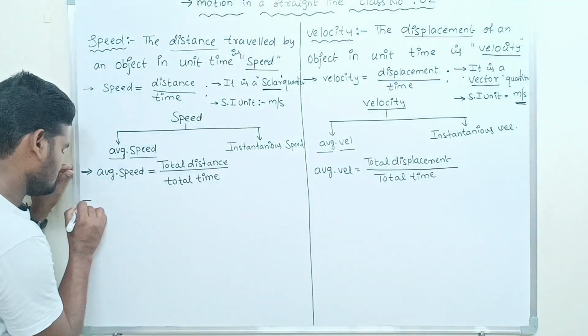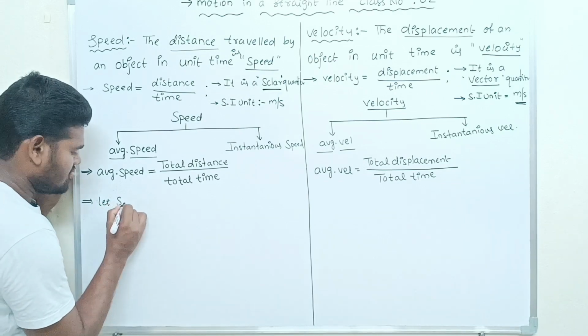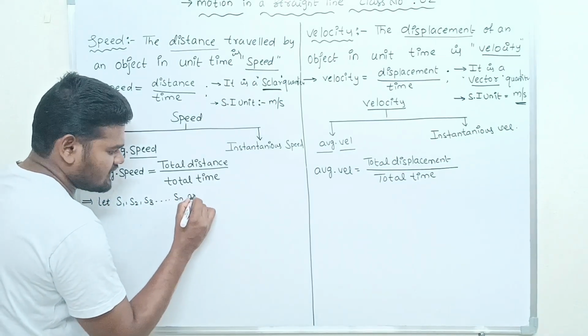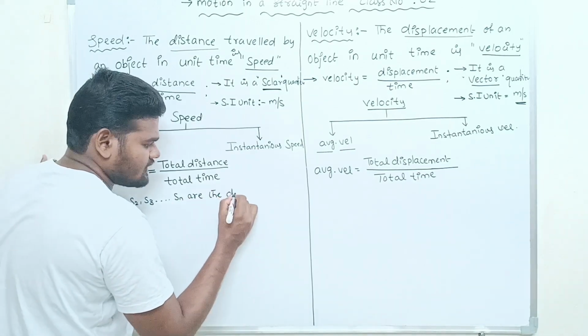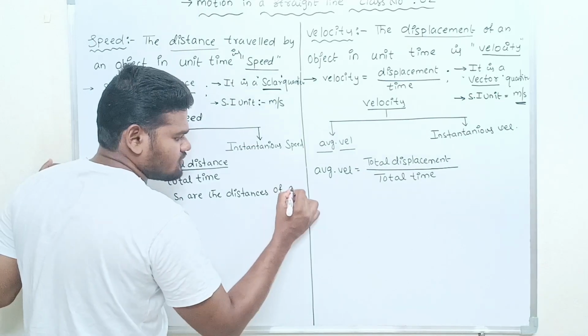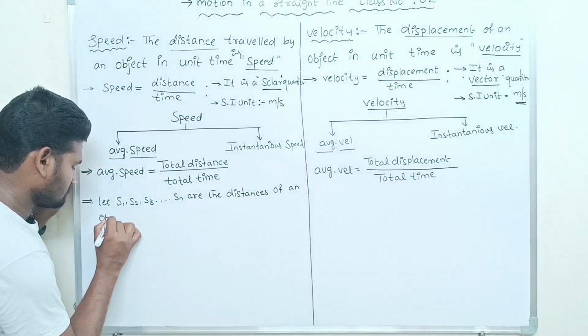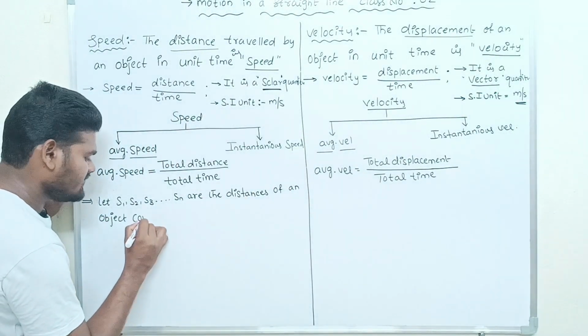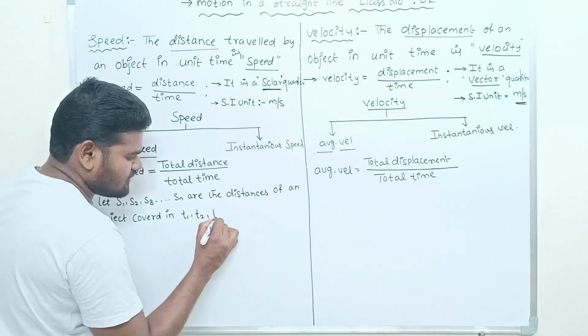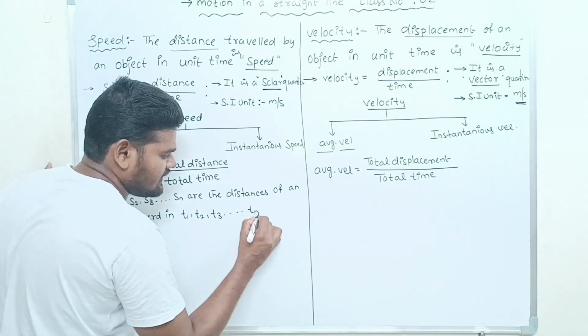Let S1, S2, S3 and so on Sn be the distances an object covered in T1, T2, T3 and so on Tn time.